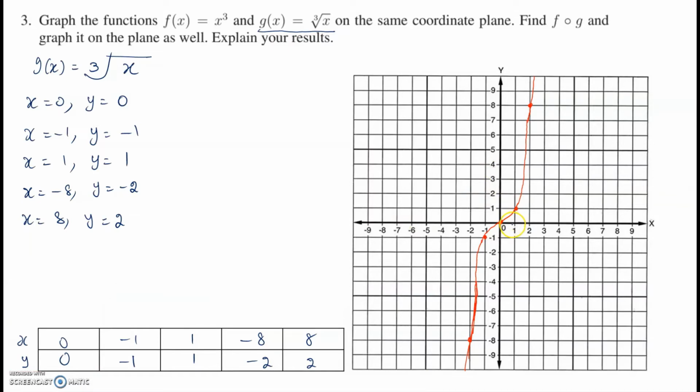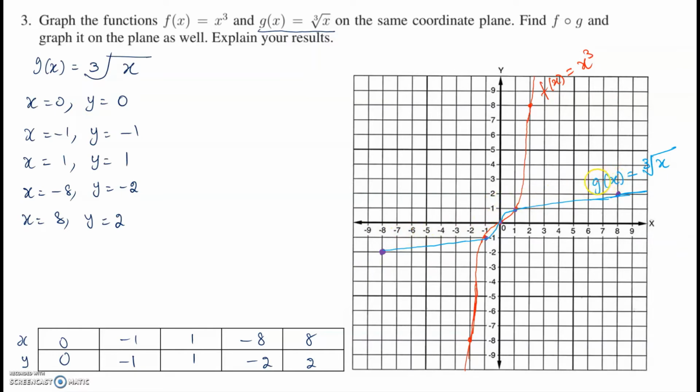So you have again the same points. These 3 points are the same. However, you have 8 and 2, and you have minus 8 and minus 2. Let's try and sketch this now. The graph should look something like this.